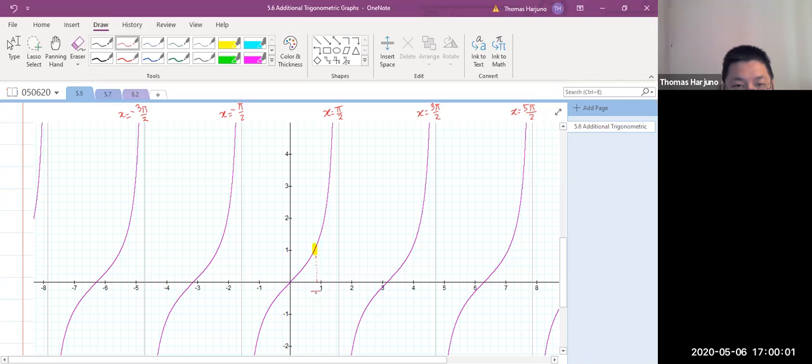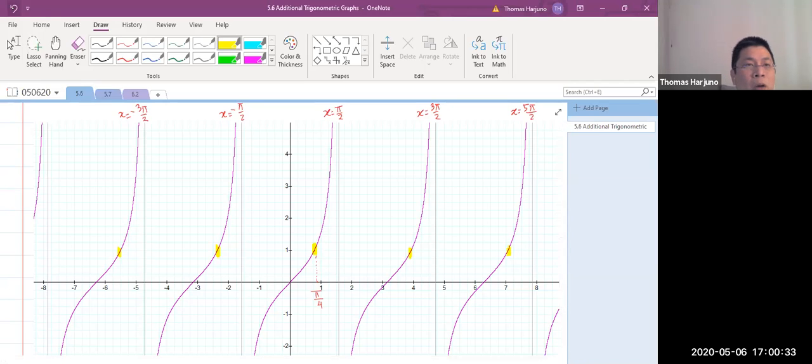Pi over 4 is 3.14 divided by 4, so I think it's 0.7 something, almost 0.8, I guess. And because of the period, if you add pi from here, you will get this. Or you subtract pi, you get those.